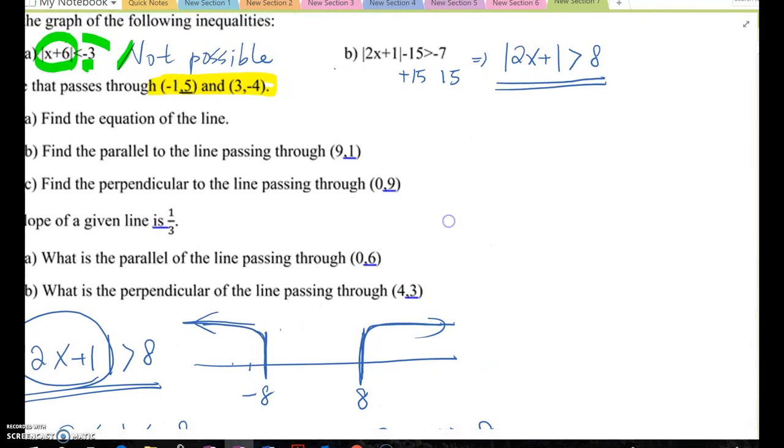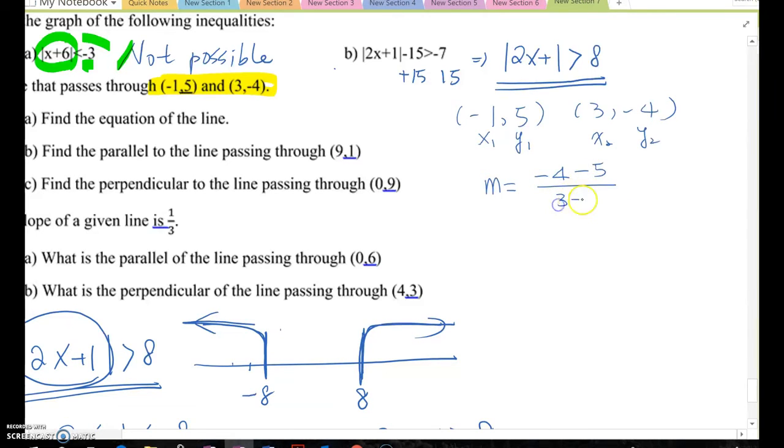Since we have 2 points, negative 1, 5 and 3, negative 4, set up this as x1, y1, then x2, y2. So m equals negative 4 minus 5 over 3 minus negative 1, which means negative 9 over 4. Okay, that's our slope.